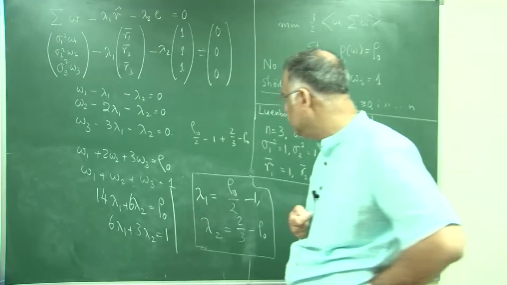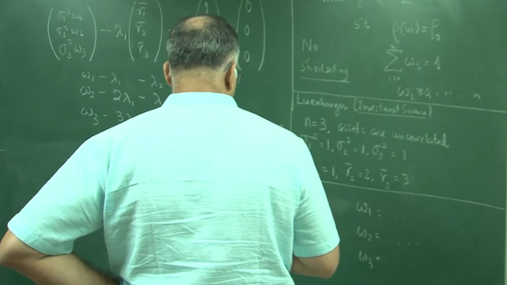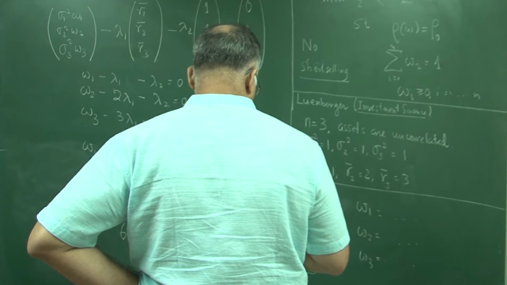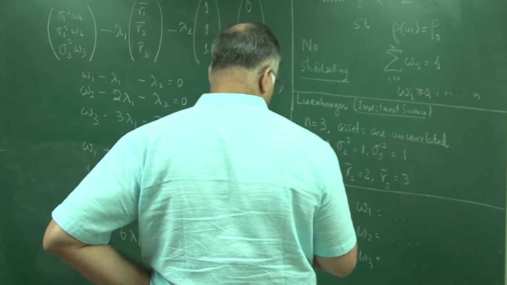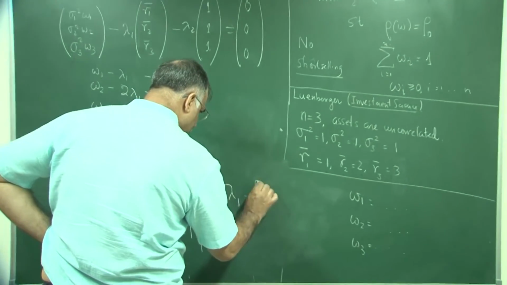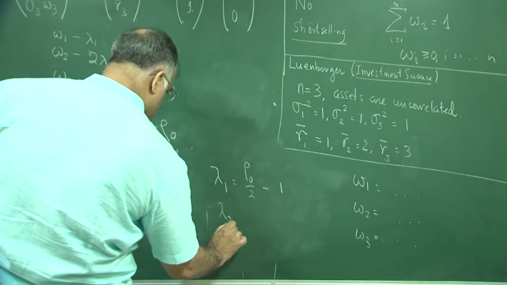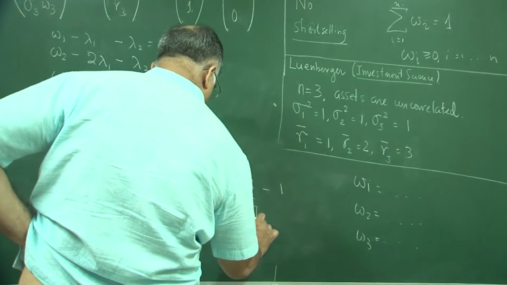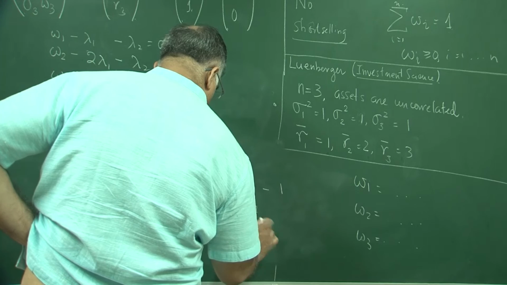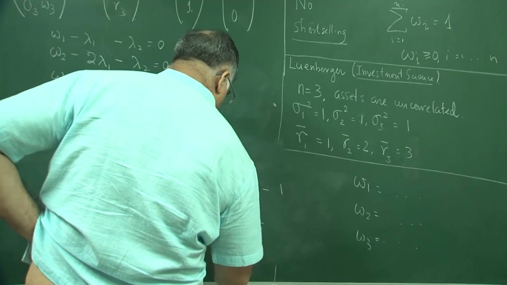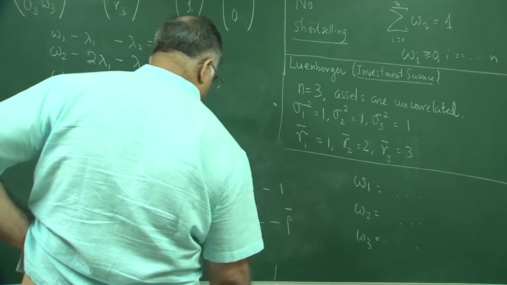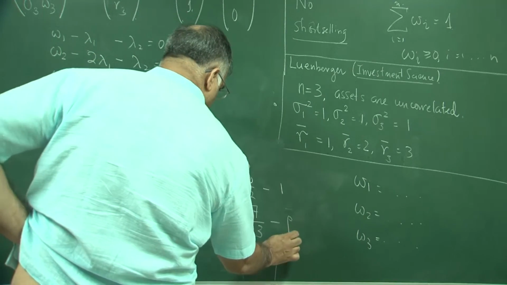So 4/3, I think, so sorry, there was a small mistake in my calculation because I am standing and doing the calculation. I think lambda 1 is alright. Lambda 2 is not 2/3, it's 7/3, sorry. 7/3 minus rho naught.